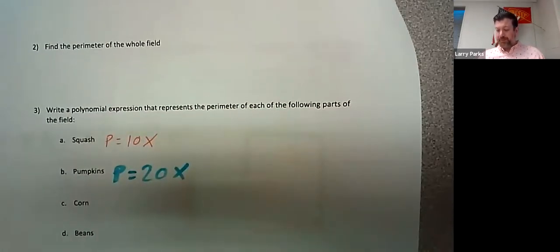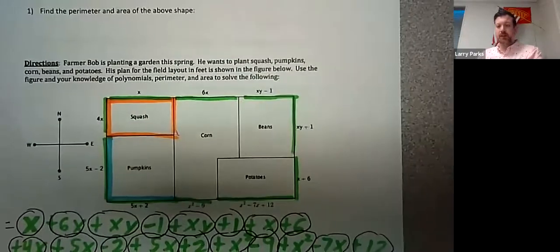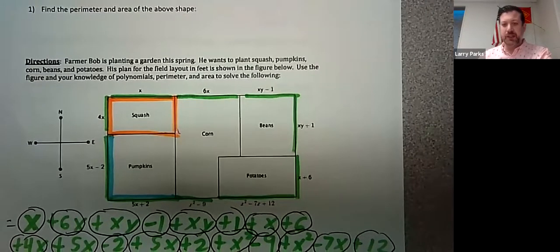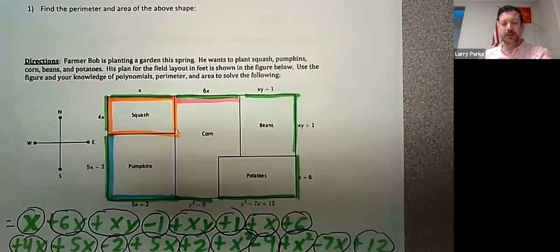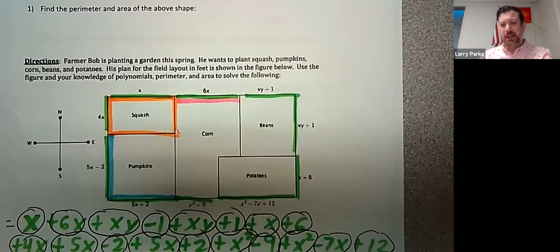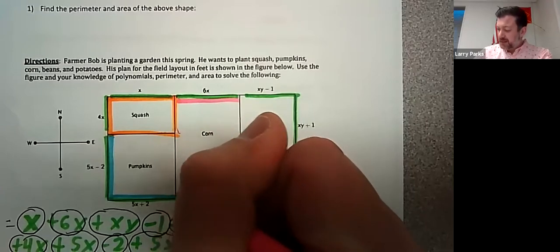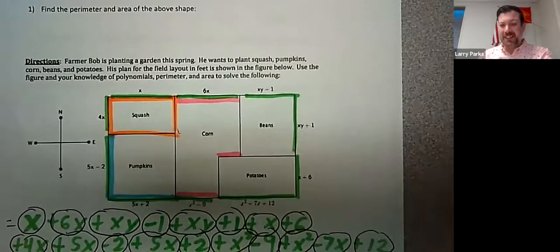Corn is probably the trickiest. So if I'm doing the cornfield, I would go 6x. And then because there's really no way to find this, I would recognize that if you take this plus this, you also get 6x.